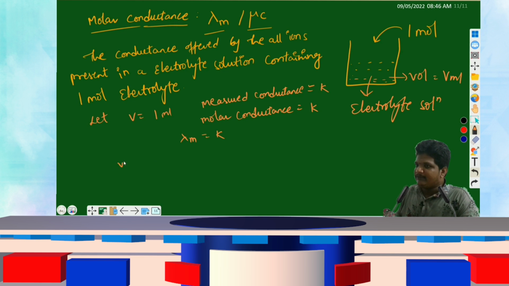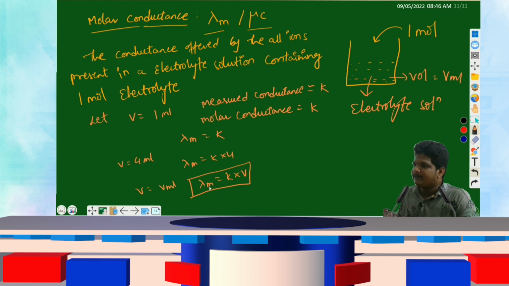If volume is equal to 4 mL, lambda m is equal to kappa into 4. If volume is equal to V mL, lambda m is equal to kappa into V. So the specific conductance into volume is equal to the molar conductance. Now let us derive the units of molar conductance.